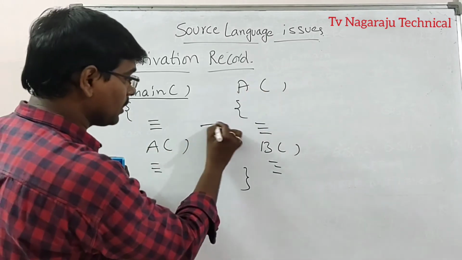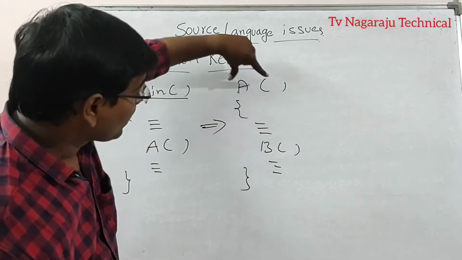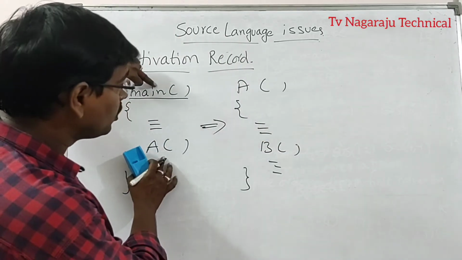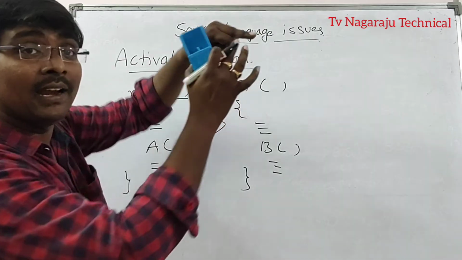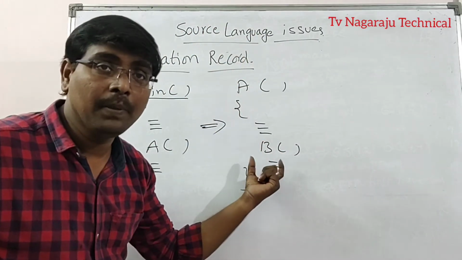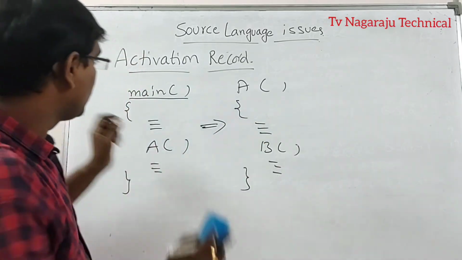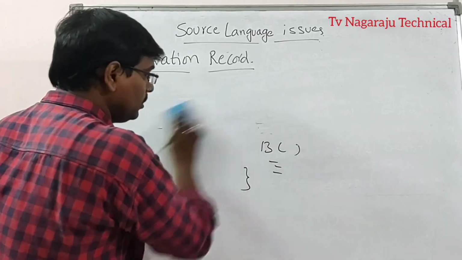Now move to this one. Sequence. Before calling B, the activation records for both main and A are created and are available in the stack. Now the activation record for B is created and so on. I think you observe. Now consider one example.